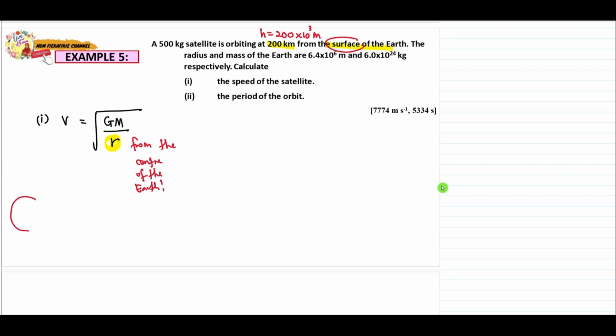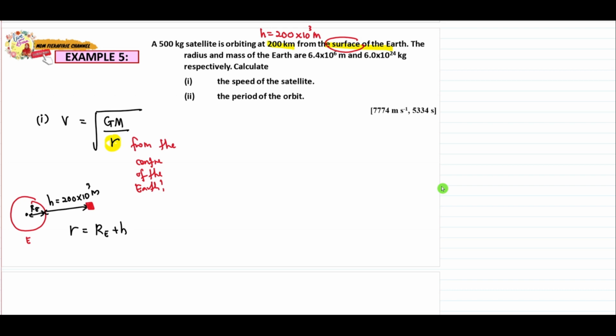We have the Earth here, and this is the satellite. The value of 200 kilometers is from the Earth's surface, which is the altitude. So don't forget, the small r must be added to the radius of the Earth. So R is equal to RE plus H.